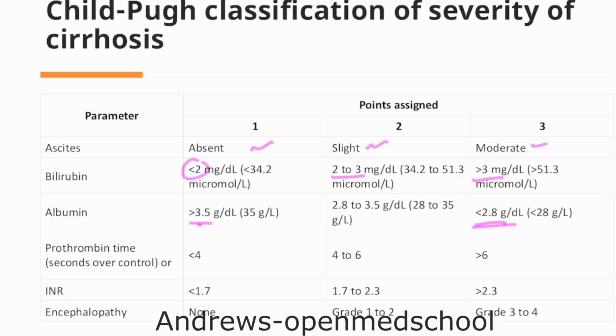Prothrombin time prolongation more than 6 seconds from the baseline, 3 points, 4 to 6, 2 points, less than 4, 1 point. INR less than 1.7, 1 point, 1.7 to 2.3, you give 2 points, and more than 2.3, 3 points. And we have mentioned how to calculate it, the A, B, and C, depending upon the total score.